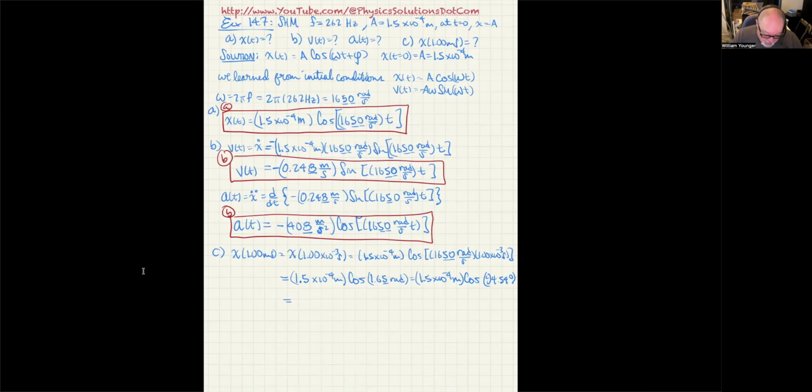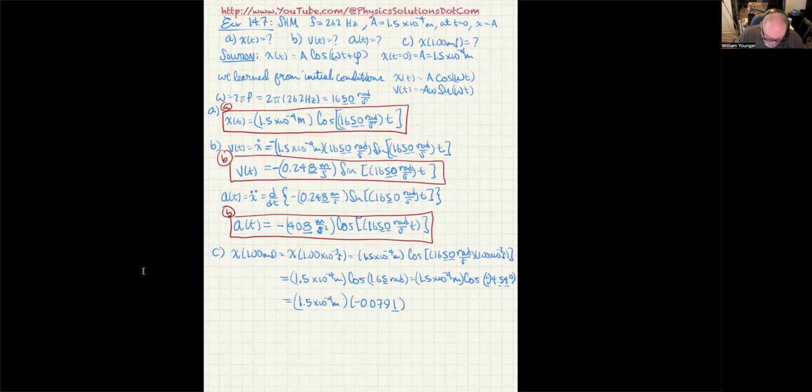And I'm going to say cosine shift answer, and that gives me 1.5 times 10 to the negative fourth meters times, now the cosine of 94.54 degrees gave me negative 0.0791.